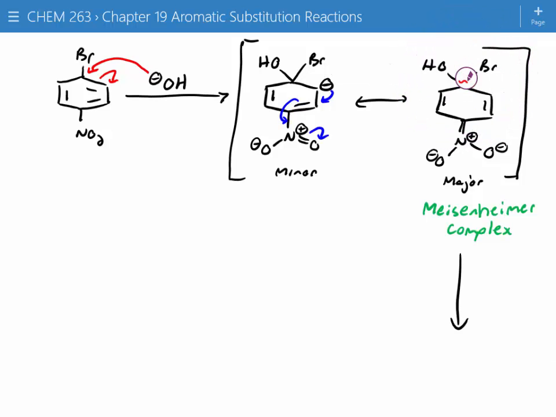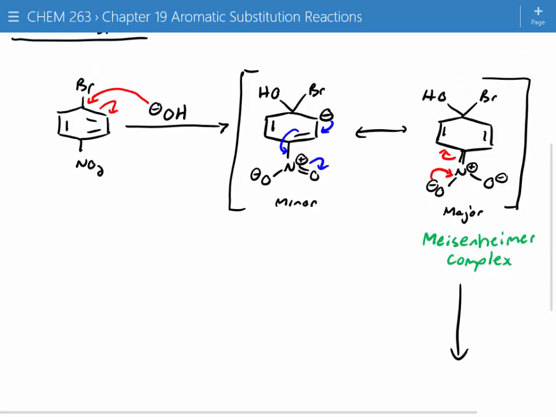And I'll go back to our red arrows. In this last step, this oxygen dumps down, kicks electrons back here, kicks electrons here, and we eject off bromine as our leaving group.